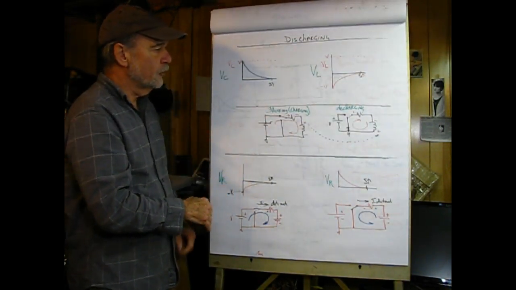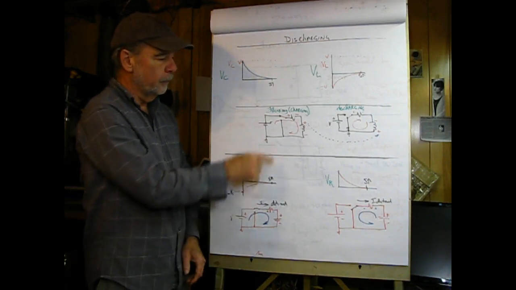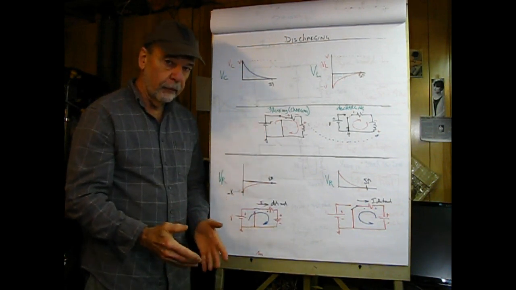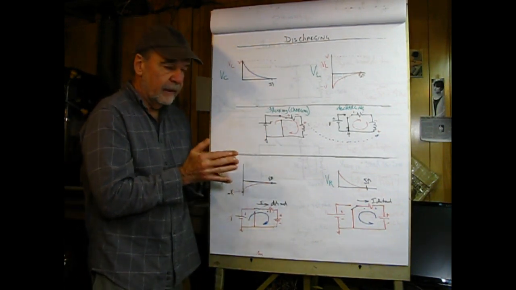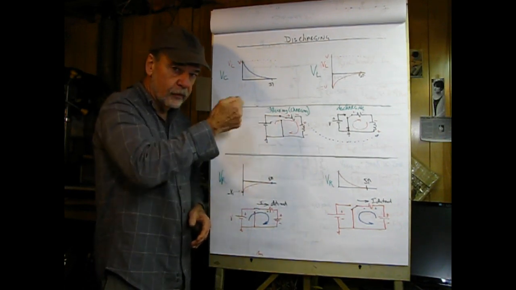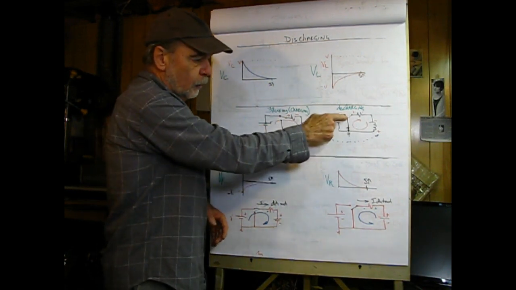So let's take a look at discharging. And in DC, what we would be doing then, and this would be the circuit, and what I've got here is a single pole double throw switch. And what I have to say about that is it takes 0 time for me to move the bat on the switch from this position to this position. And the same with this.